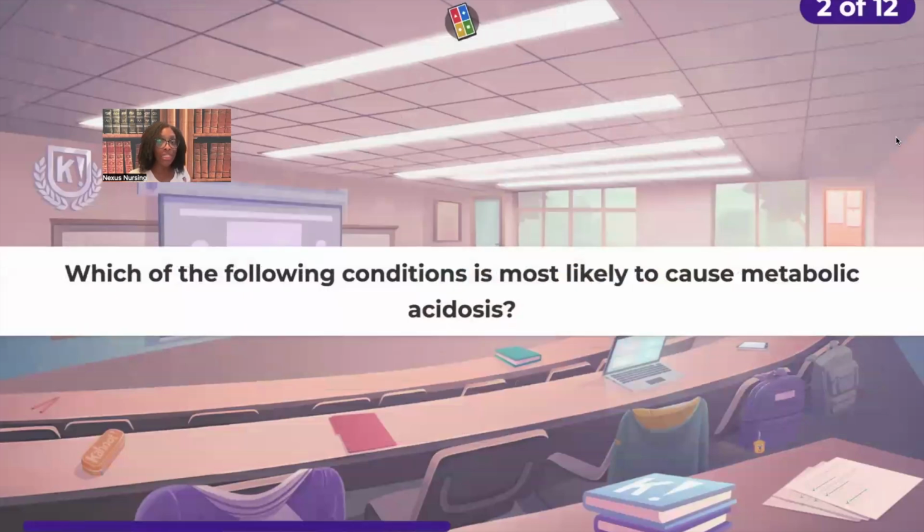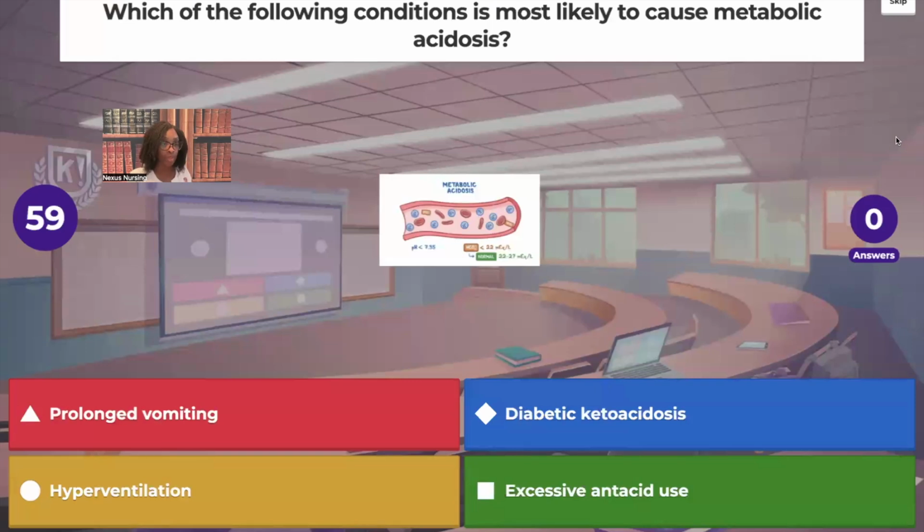Which of the following conditions is most likely to cause metabolic acidosis? Would it be prolonged vomiting? Would it be diabetic ketoacidosis? Would it be hyperventilation? Or would it be excessive antacid use?